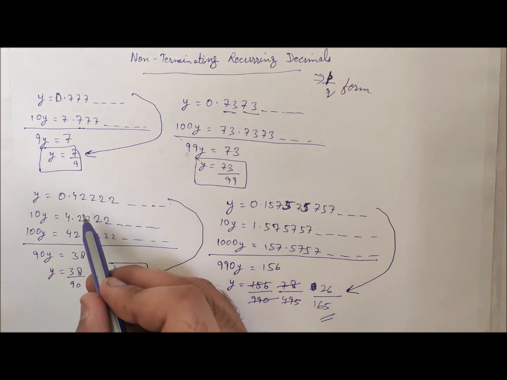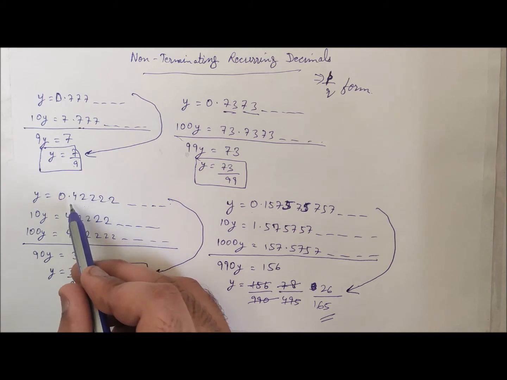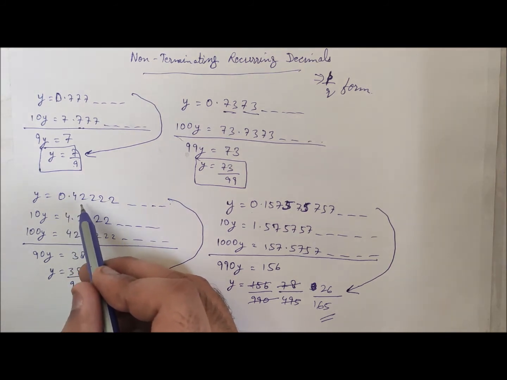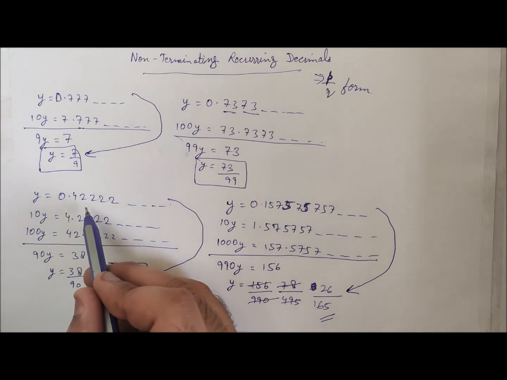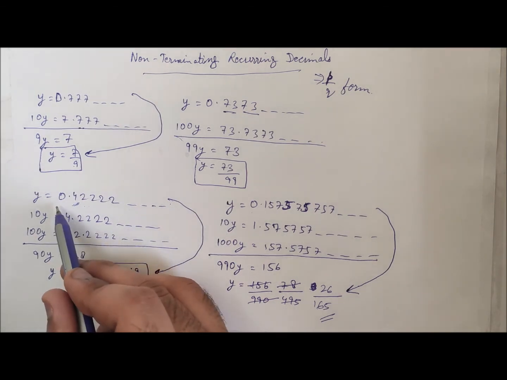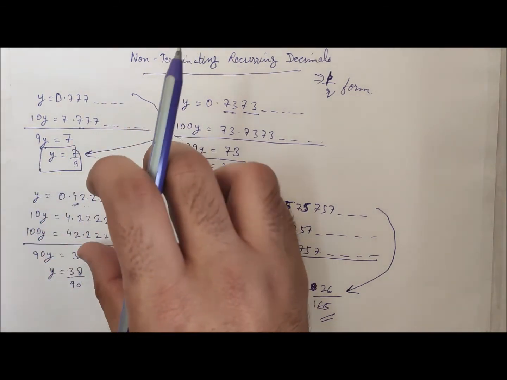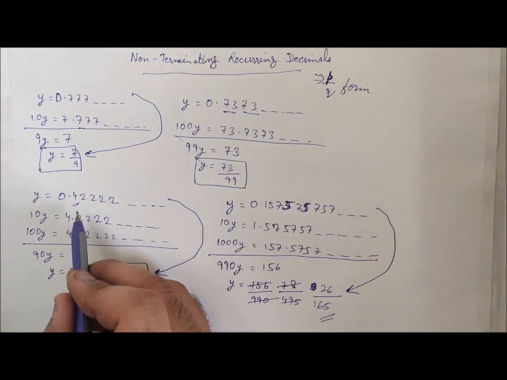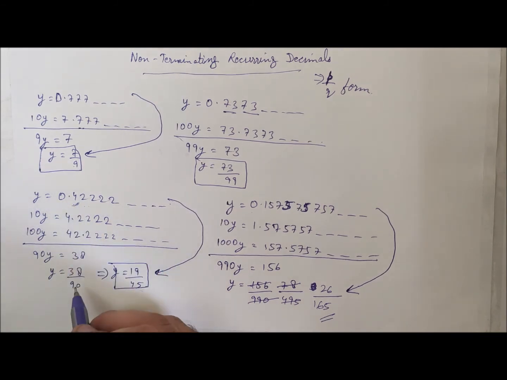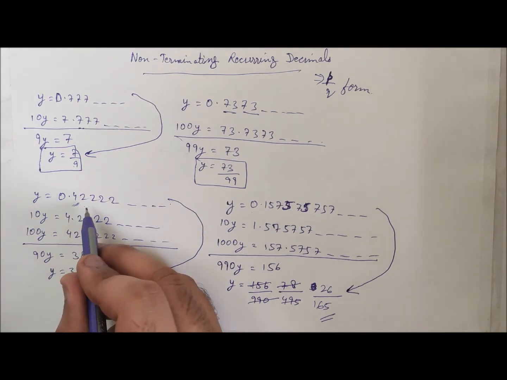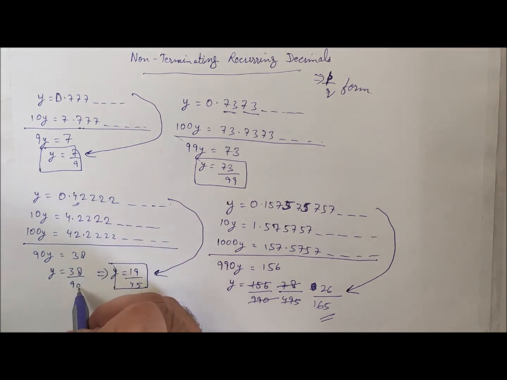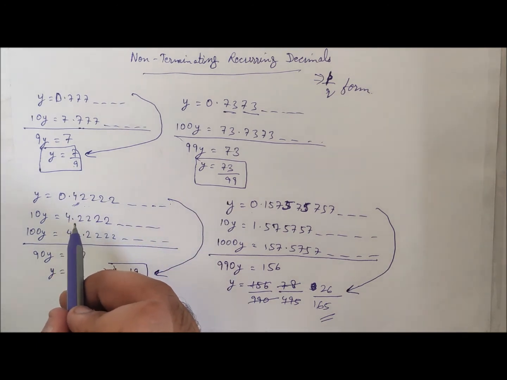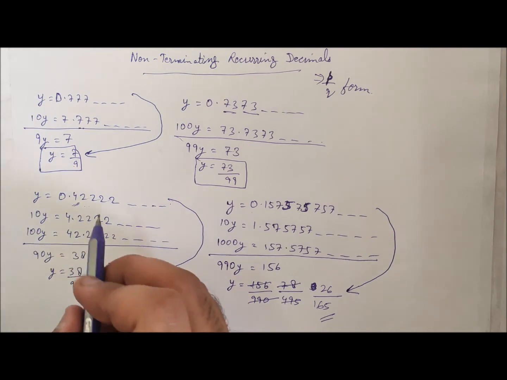And since there is an extra digit that needs to be eliminated, 4 was the extra digit that had to be eliminated to reach this kind of a question. Since there is only one such digit, I put a single 0 in the denominator. So the denominator becomes 90. The 9 comes from the number of digits being repeated, and the 0 comes from the number of digits that need to be eliminated.